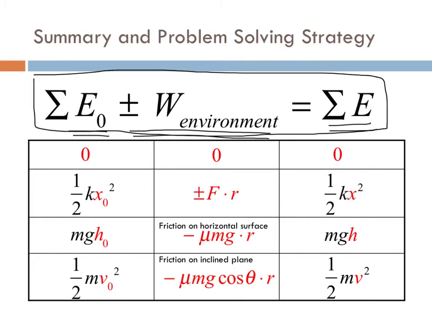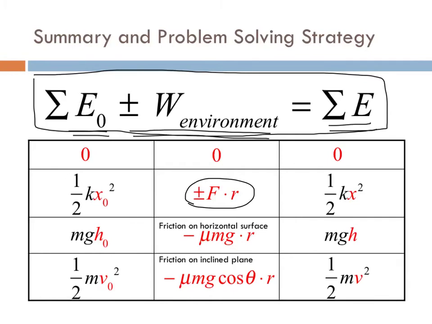Now again, friction doesn't have to be the only non-conservative force in this case. We could have also had an applied force that makes our object speed up along the path taken. So we could have used a positive or negative depending on the direction of that force. Also, when friction is involved, you need to make sure that you remember that friction has to do with a normal force.